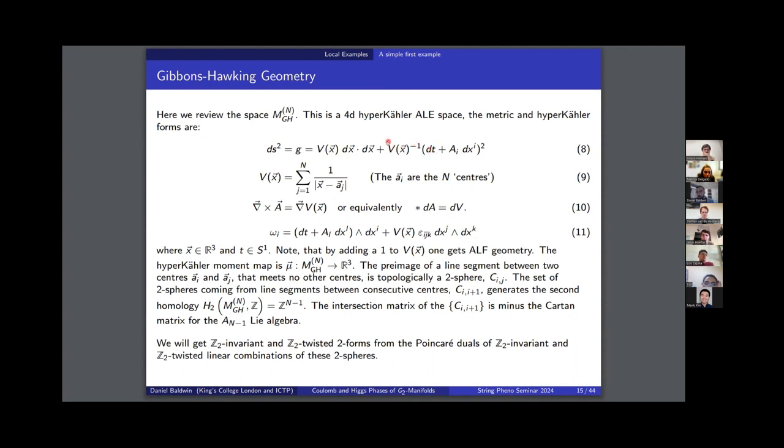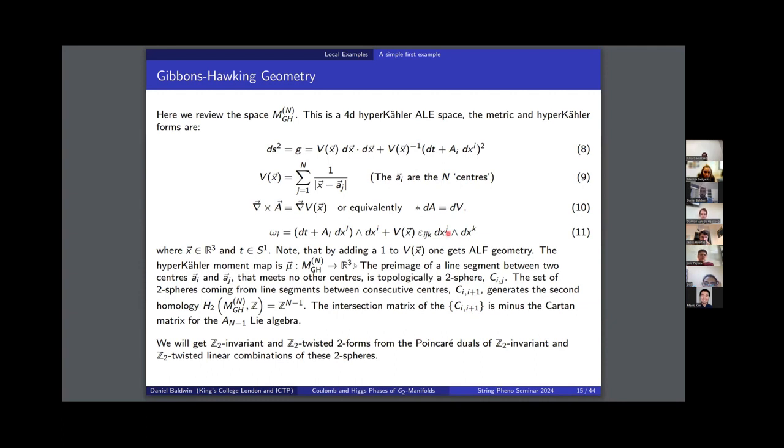And V here controls the size of this circle. So the space is almost like a circle bundle over R3. But at these points, little a, the circle degenerates to 0 size because this V blows up. We have n of them. These are what we call the centers. And at each of these n points, the circle fiber pinches off to 0 size.